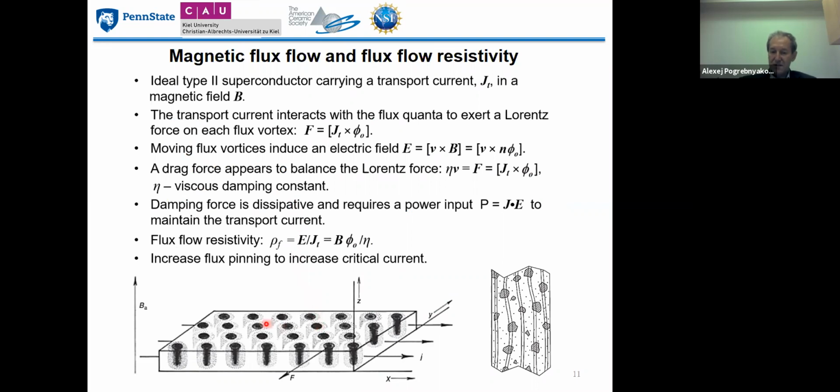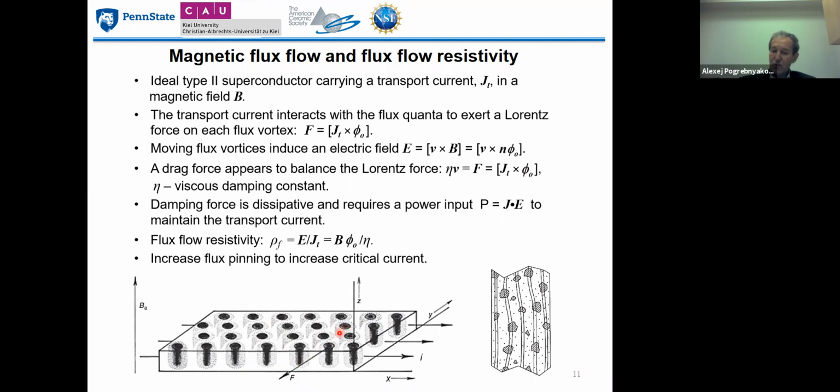If we pass a current along the x direction, as shown on this cartoon, and turn on the external magnetic field normal to the current direction, then in pure and very ordered samples, the vortices start to move, and the movement is caused by the Lorentz force.